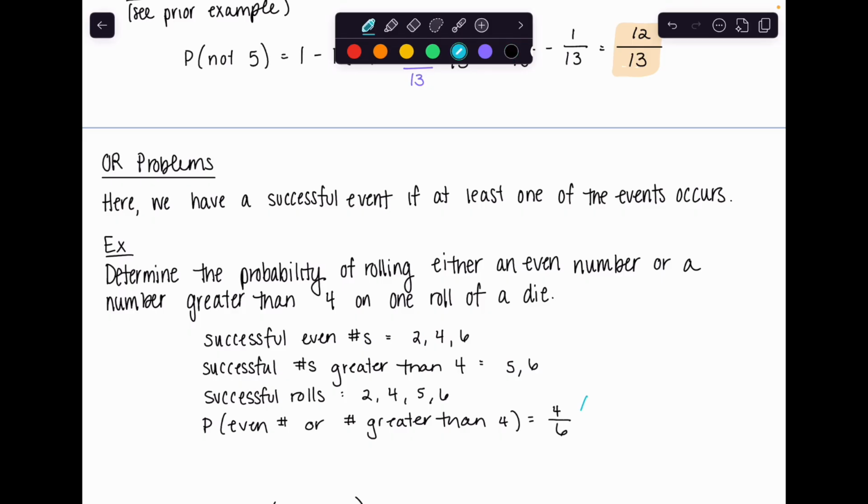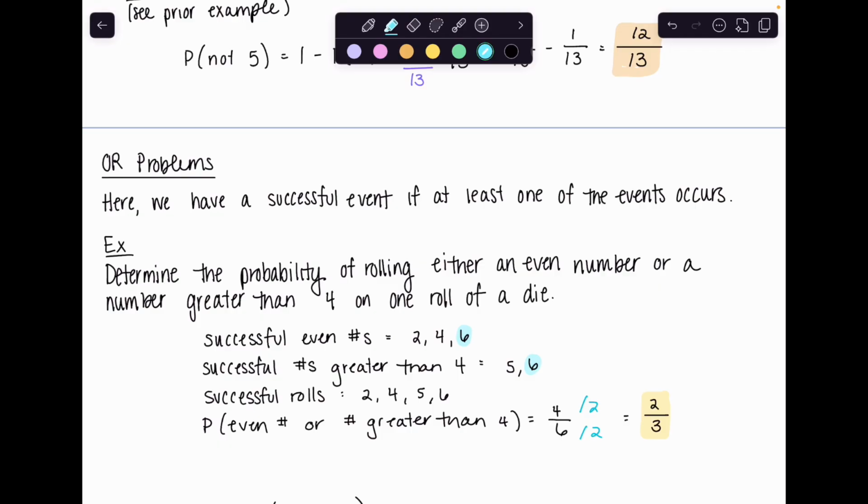And then that does reduce. Both are even numbers, so we can divide it by 2. So that gives me a 2/3 chance of getting an even number or a number greater than 4, okay? So really what ends up happening here is if you think of these different events, if you just went and added them together, 2, 4, 6, 5, and 6, that gives you 5 possible outcomes.